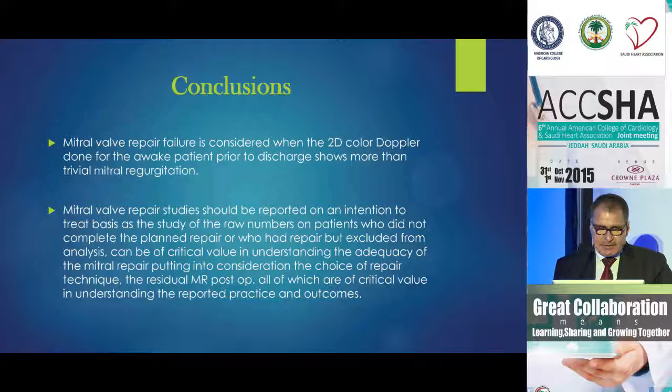This is my definition, and this is the last slide. Mitral valve repair studies should be reported on an intention to treat basis, and this is a major fault in the surgical literature. Patients who did not complete the repair, or who had bad results and had to go back for redo repair or mitral valve replacement, are normally excluded from these studies.